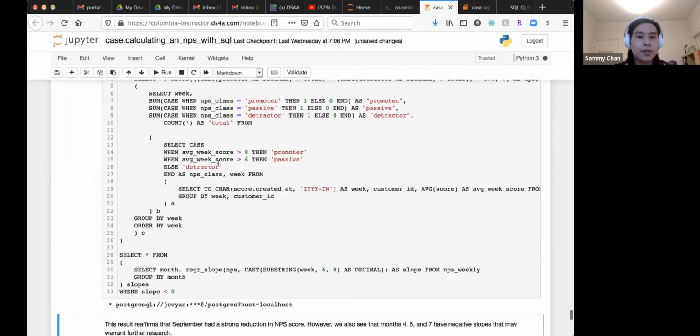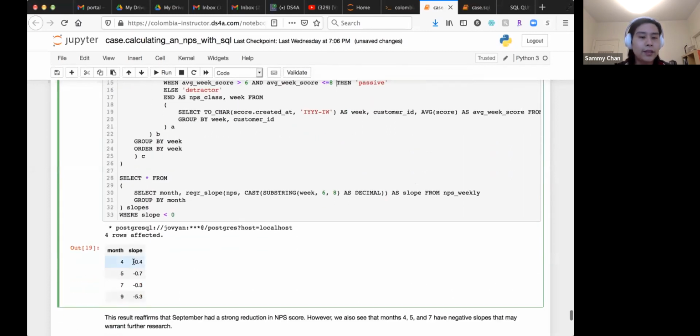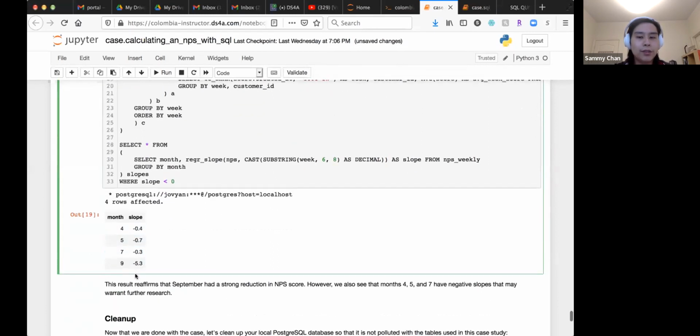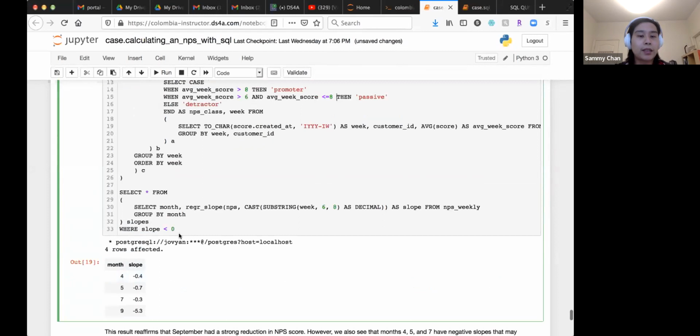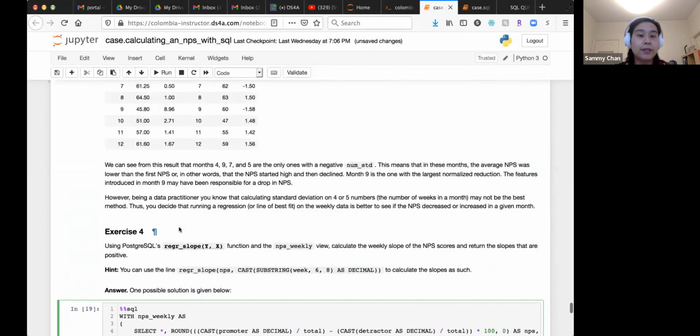Let's run that. And yep, we saw that the months of May, July, and September, the NPS were sort of decreasing along the weeks.